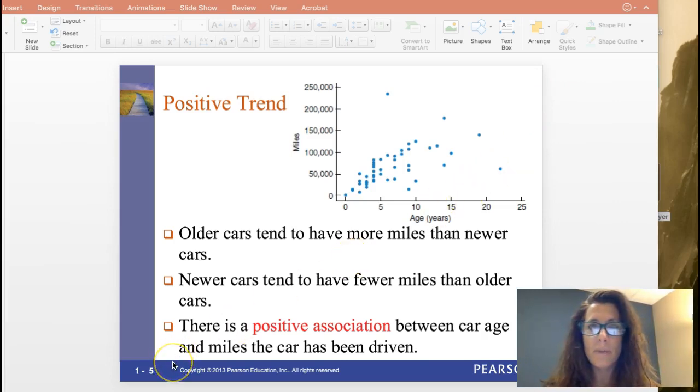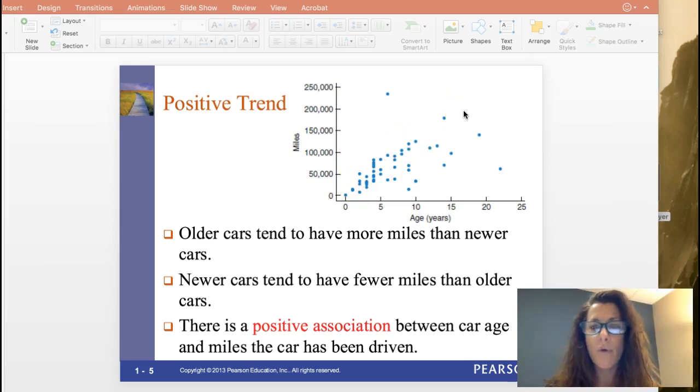You'll find this in your learning materials, and this is slide 5. It's a scatter plot showing a positive trend. So these are cars of a certain age and the number of miles. As you might expect, if you took a sample of cars, all different ages, and you determined how many miles there are, you would expect that there would be a positive correlation, that a new car would have very few miles and an older car would have a lot more miles.